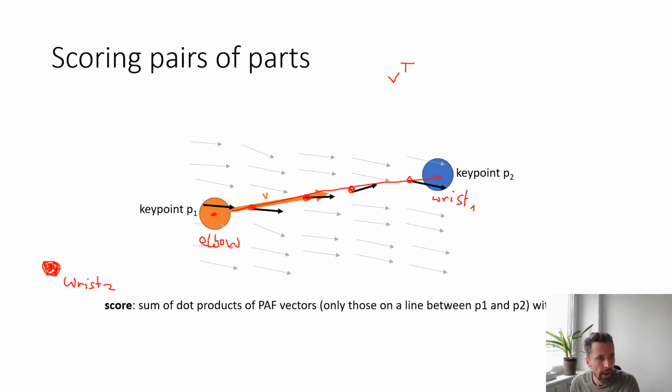So by taking the dot product between V and those Wi's, let's say this is W1, W2, W3, and W4, we take the sum of those dot products, and that is our score.